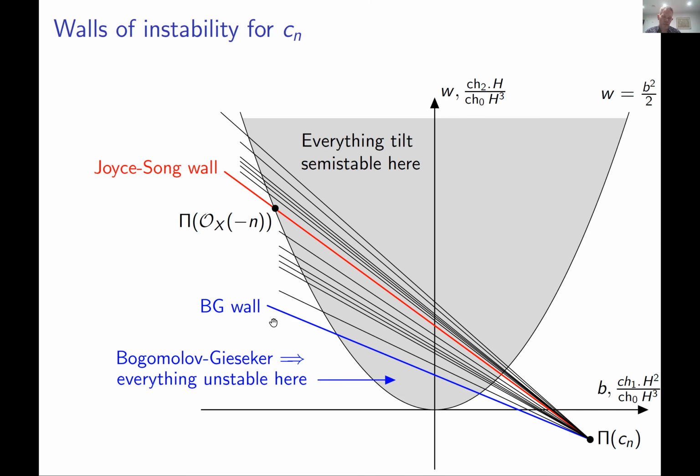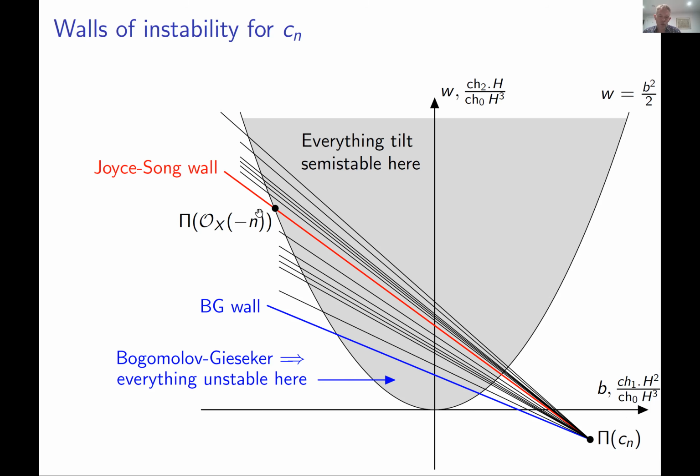At the bottom, there's a special wall. It's not really a wall. There's a special sort of boundary, the Bogomolov-Gieseker boundary, where below this boundary, everything has to be unstable. Below this boundary, that Bogomolov-Gieseker inequality is violated. So there can be no stable objects of class Cn. So there's no Fs down here. The moduli space is empty and the DT invariant is 0.